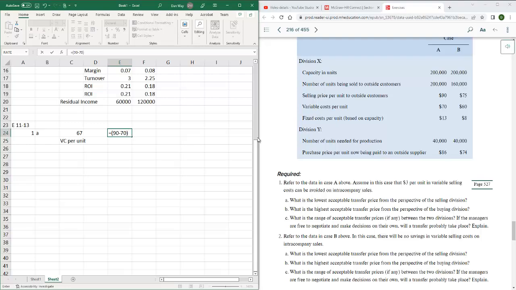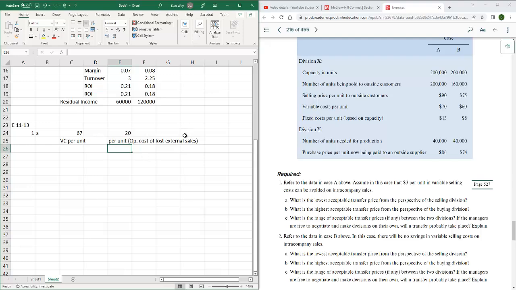So we're saying a contribution margin of $20 per unit, times the 40,000 units given up, and then dividing that whole thing by 40,000 again. We're spreading it out over the number of units that Division Y is going to purchase from Division X. So in this case, that comes out to $20 per unit, and I'll just mark this as op cost of lost external sales.